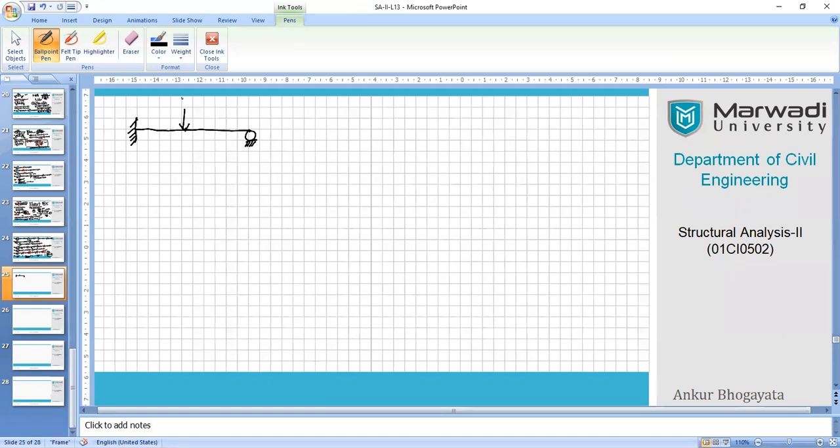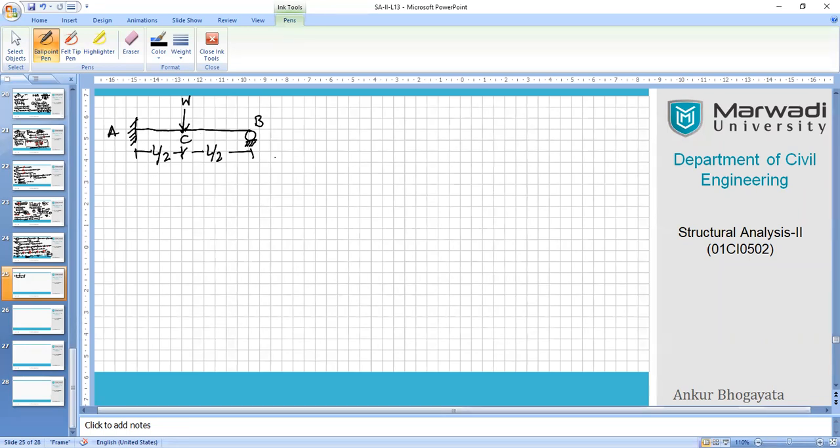This is, let us say, W, this is L by 2. I'm just taking a generalized format for your easy understanding and explanation over here, right? So let me write it A, B and C, okay?